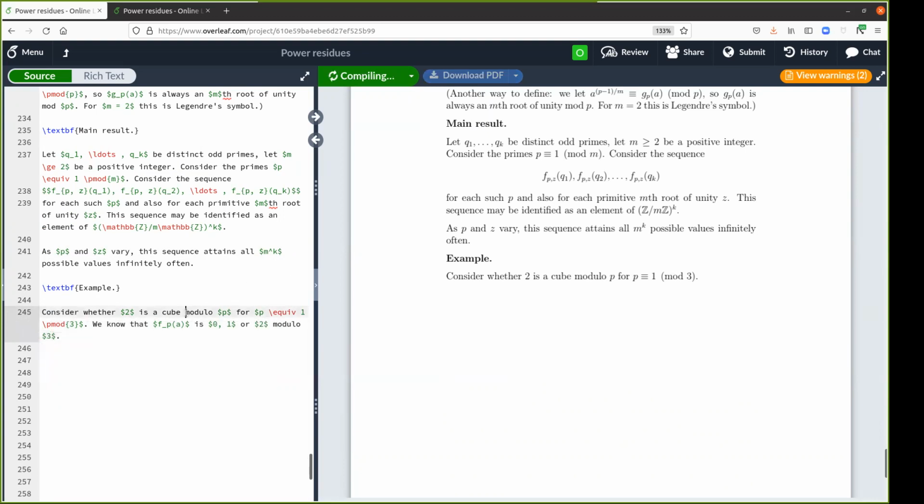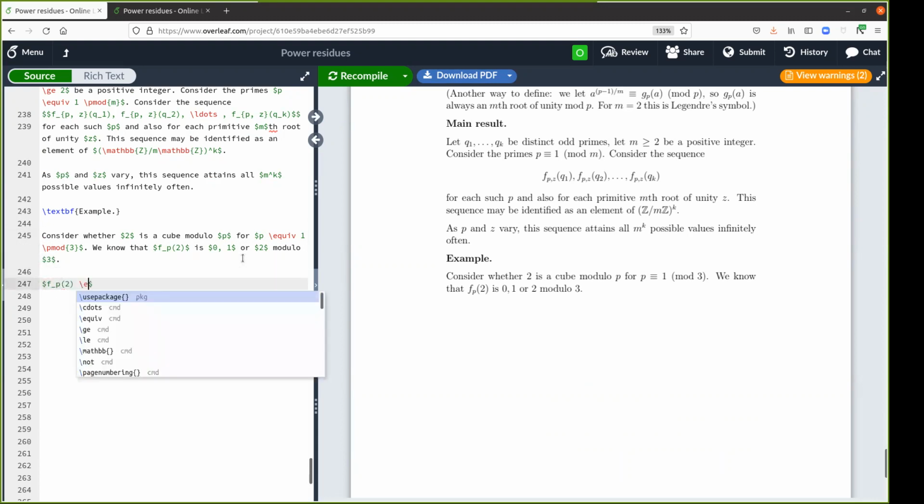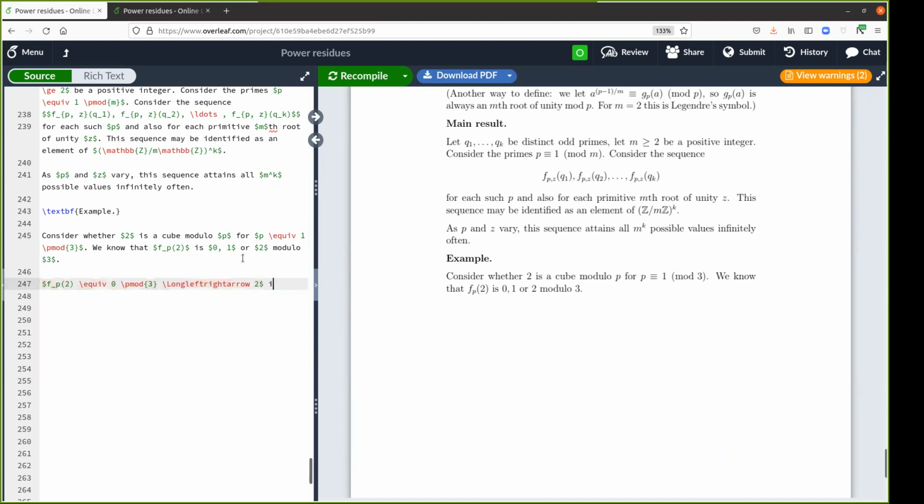So by definition, f_p of 2 is 0, 1, or 2 modulo 3. The value 0 corresponds to 2 being a cube modulo p.